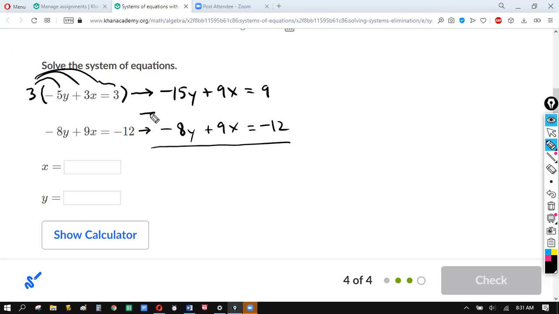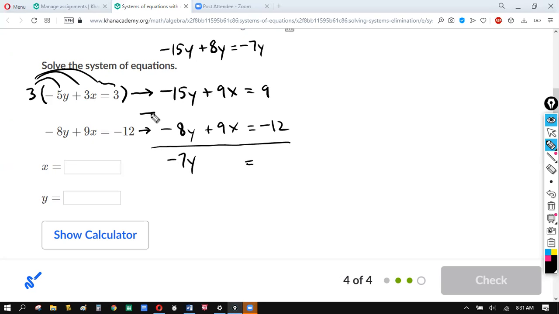Negative 15y minus negative 8y. That's the same as negative 15y plus 8y, because two negatives in a row make it positive. So that's a negative 7y right here. Plus 9x minus positive 9x, that's gone.